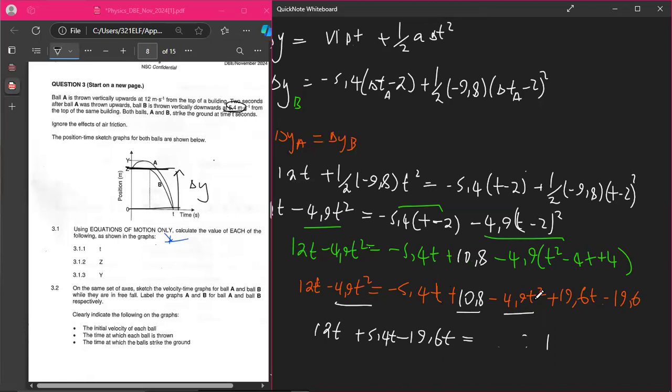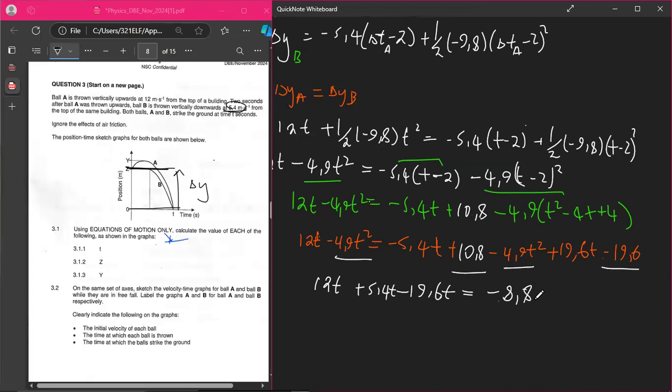I will need to subtract the values, the like terms: 10.8 and negative 19.6. 10.8 minus 19.6 is giving me negative 8.8. And then on the right-hand side, I have negative 8.8, and then 12 plus 5.4 minus 19.6.